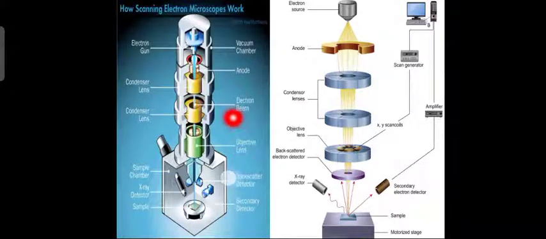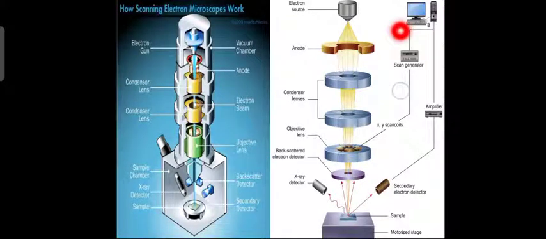The electron beam is passed from the electron gun through this anode, etc. The condenser lens is here, the objective lens is here, and the sample chamber. This big chamber is the sample chamber where you have an X-ray detector. The sample is placed over the stage, and then the secondary detector and the backscatter detector.